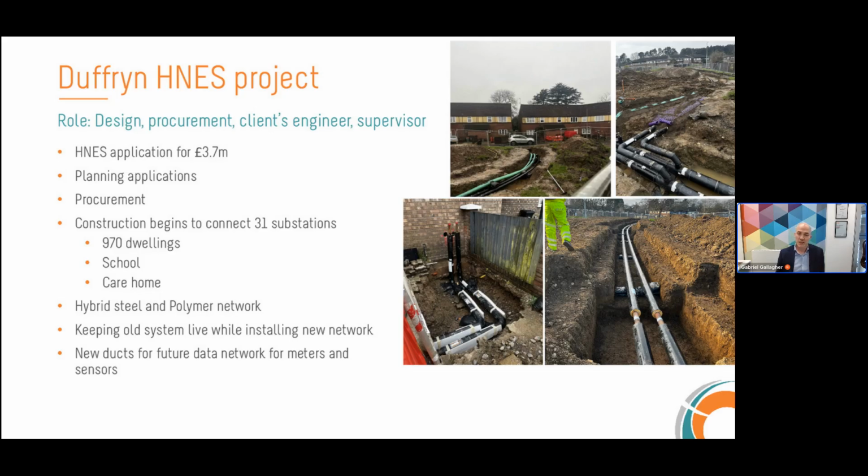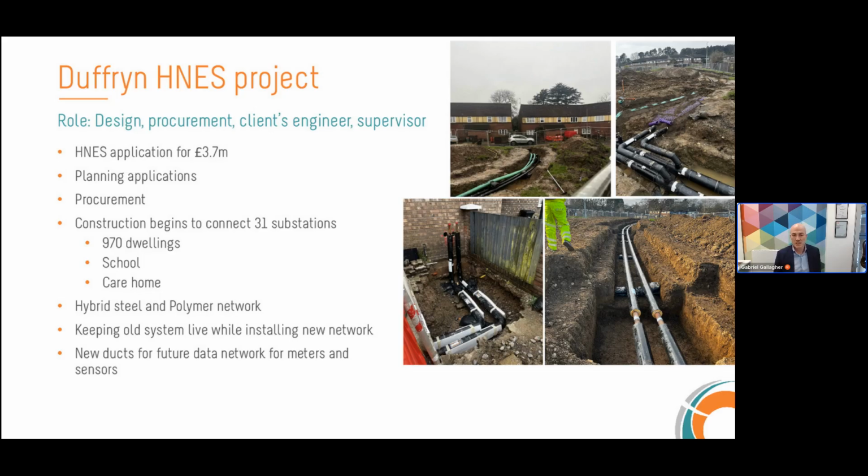So there was about 3.5 kilometers of new network at much smaller pipe sizes than the original one, I think 2 line sizes down in many cases, connected 31 substations to the main energy centre, which was all dwellings, school and care home. It was a hybrid in the end, a hybrid of steel and polymer network.